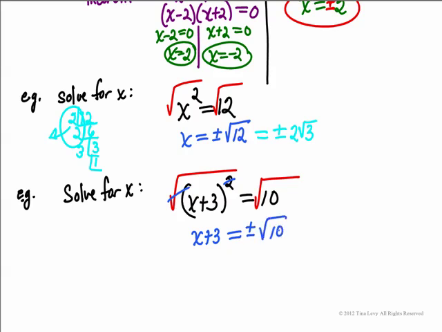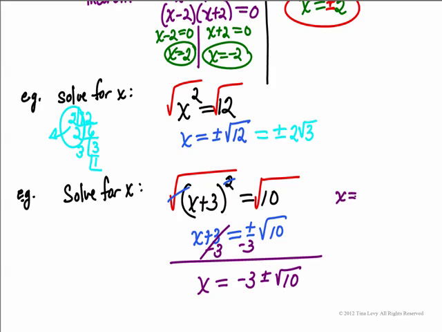But radical 10 can't be simplified any further. We're almost there. We just have to subtract 3 from both sides, and we get, in this problem, the solution is negative 3 plus or minus radical 10. Now what that means is one x is negative 3 plus radical 10, which if we needed a decimal we could find. The other x is negative 3 minus radical 10. So two different values, but we put the plus and minus right there.